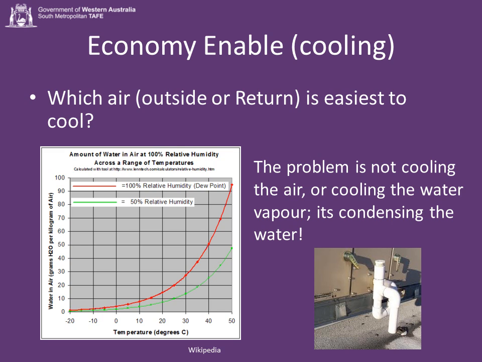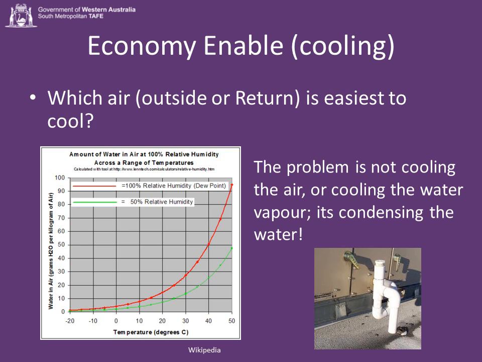You see, the problem isn't cooling the air. There's more to the air than meets the eye. There's also water in the air. We call that humidity. So we not only have to cool the air, but we have to cool the water. But wait, there's more. There's only so much water that the air will support, and the amount of water that the air supports is dependent on the temperature.